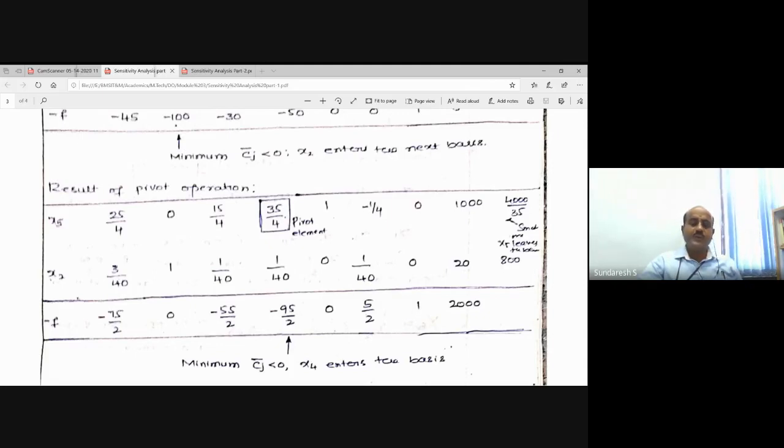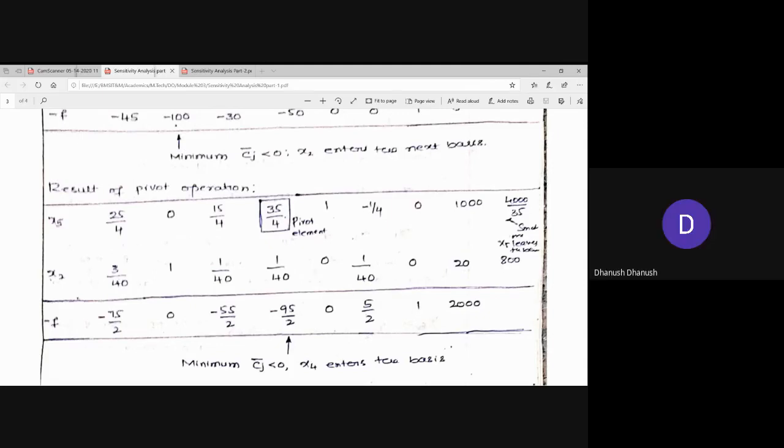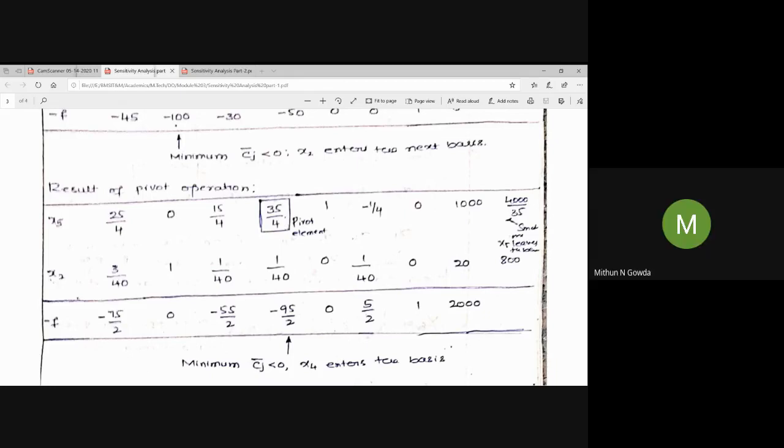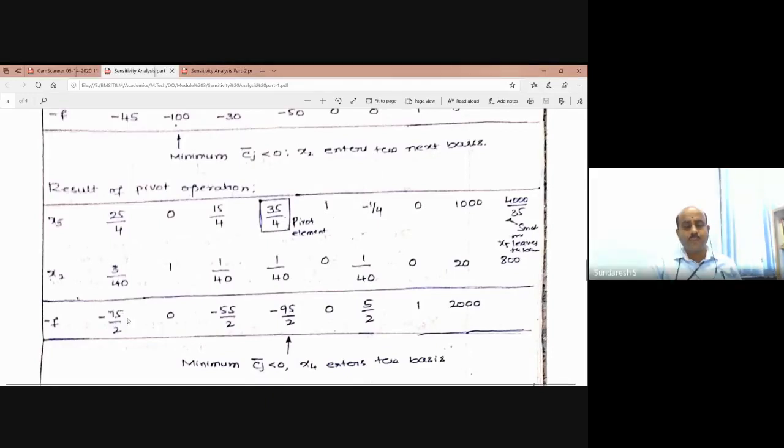Mithun and Dhanush, were you able to get these values? Yes, sir. Do it, make it fast. Finished? Good.